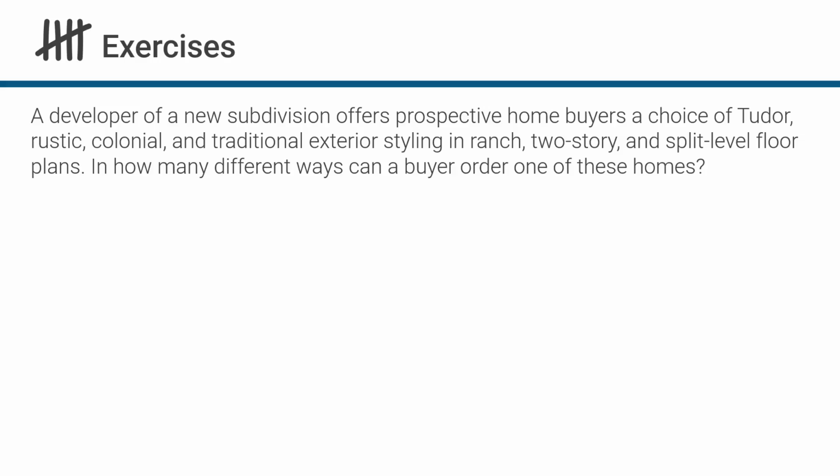In how many different ways can a buyer order one of these homes? So this one is an example of what? A multiplication problem, or multiplication rule counting. So I leave it to you for now, but I'm going to have a solution in another video for this.